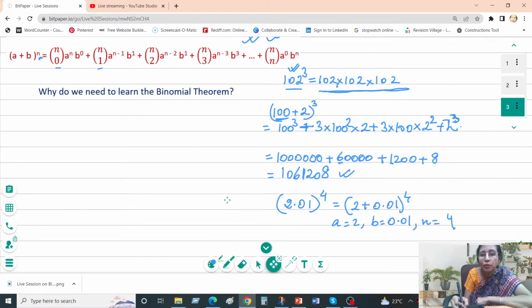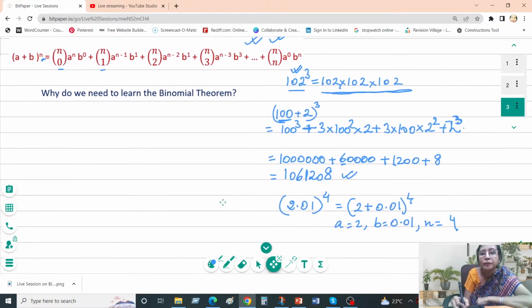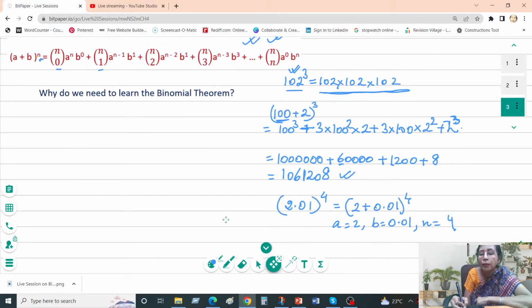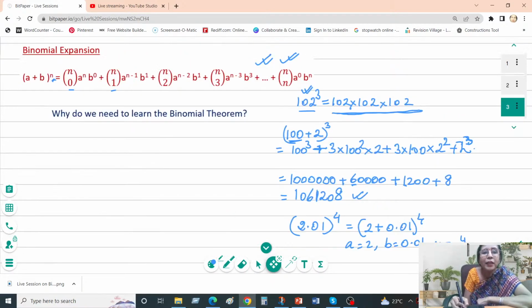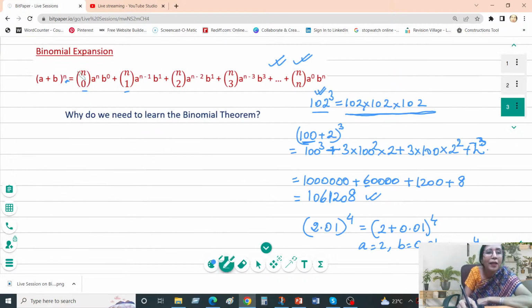I'm not being able to write that side. Okay. So N is equal to 4, and you have this binomial expansion. So you can use this to get the value of 2.01 to the power of 4. And this can definitely be a paper 2 question from the binomial theorem chapter.